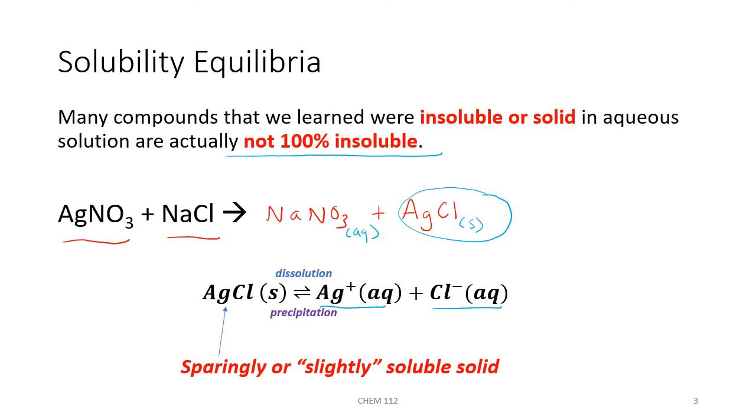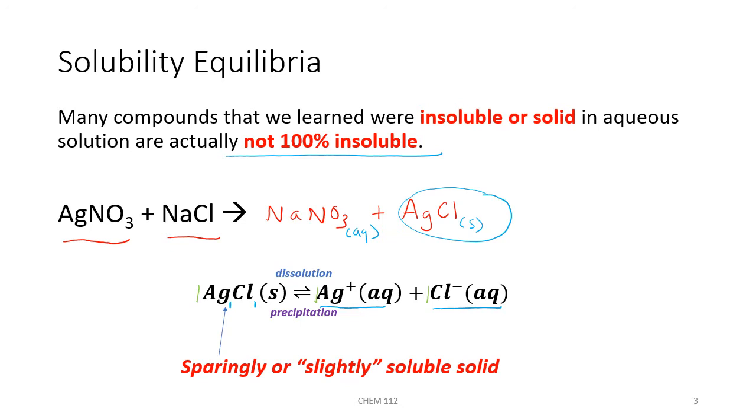We would look at the subscripts in the formula of the salt to determine how many ions it breaks up into when it dissociates. Since there's a 1 here and a 1 here that's unwritten, we would get 1 mole of silver ions for every 1 mole of silver chloride, and 1 mole of chloride anions for every 1 mole of silver chloride. So everything in this equation is 1 to 1 to 1.